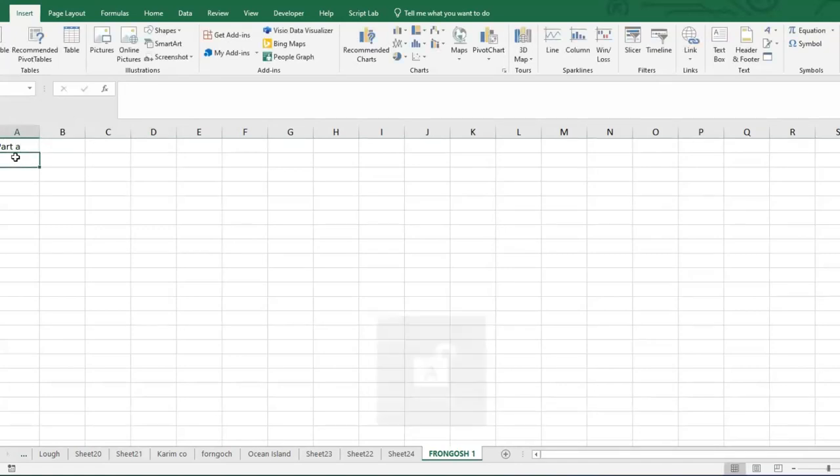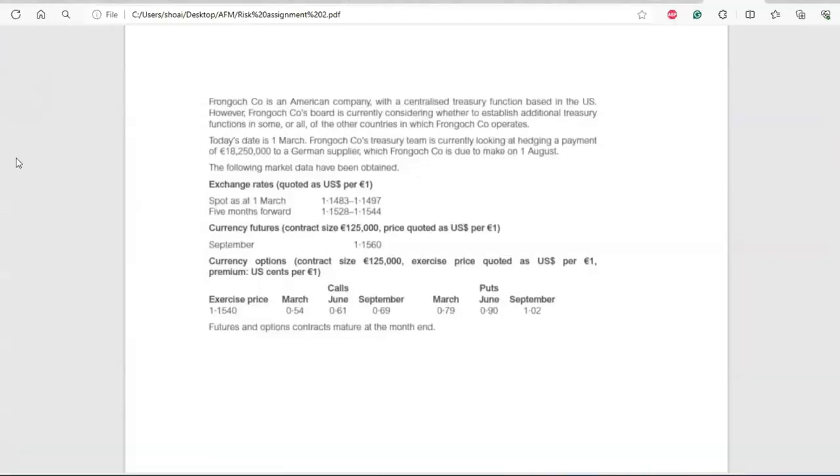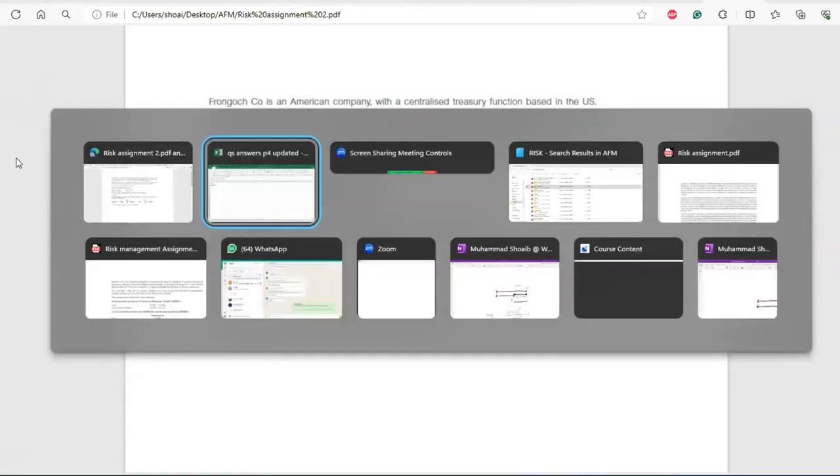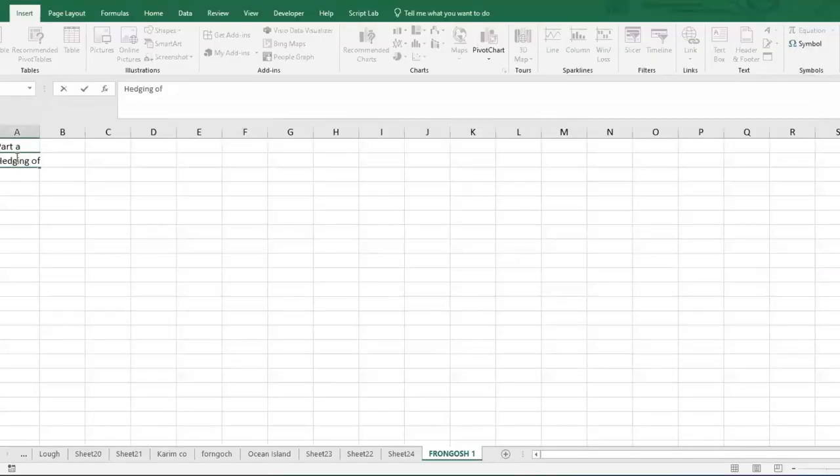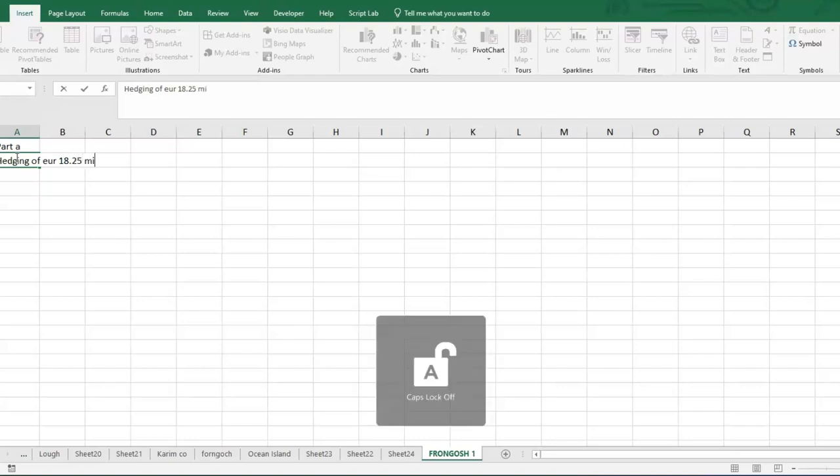Part A, hedging of 18.25 million euros. Euro 18.25 million.